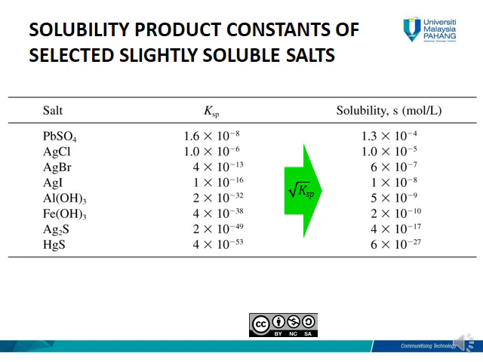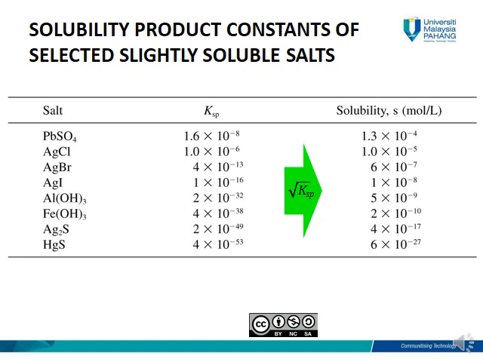You can see the KSP value for one is about 1.6 times 10 to the power of minus 8, and for mercury sulfide it is about 4 times 10 to the power of minus 53.